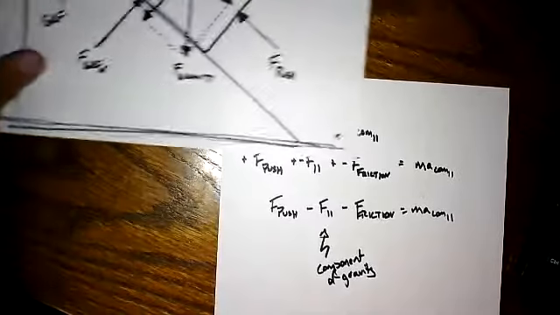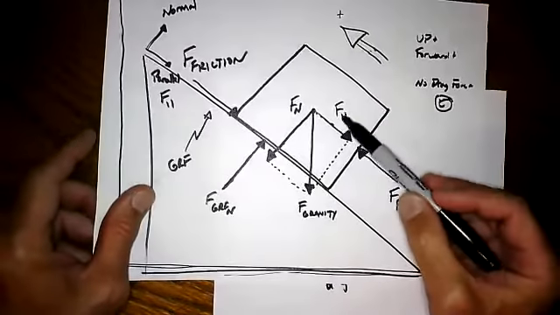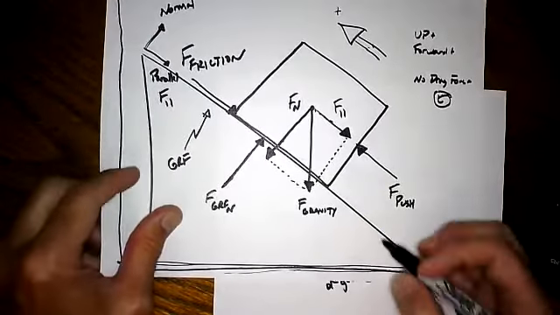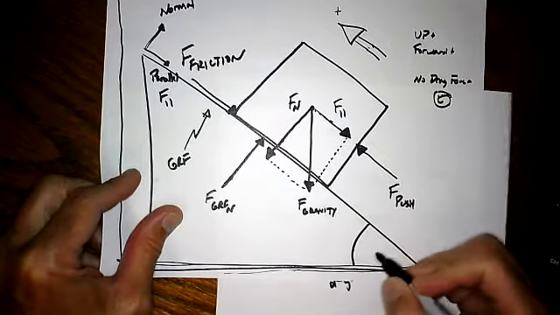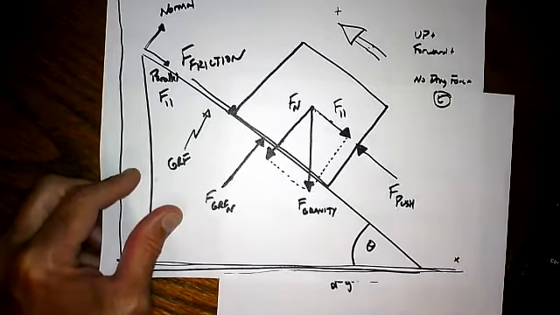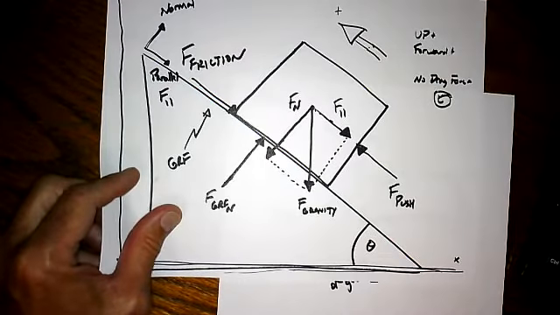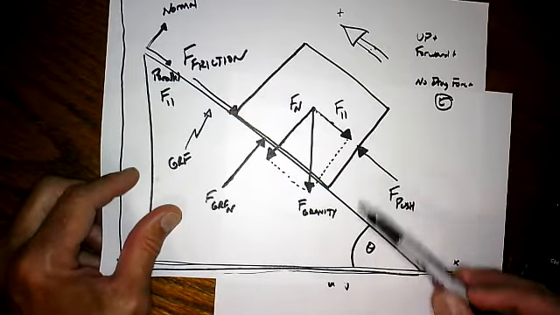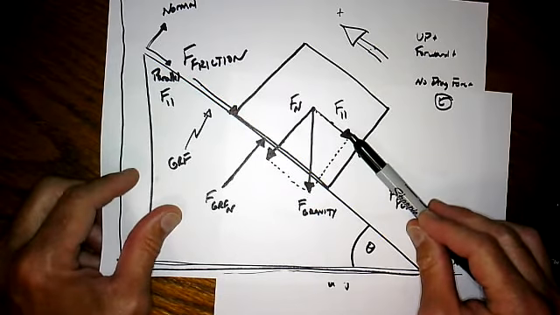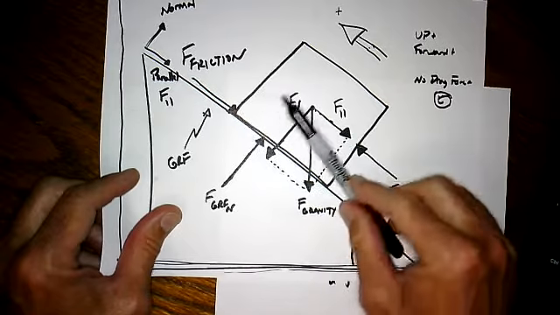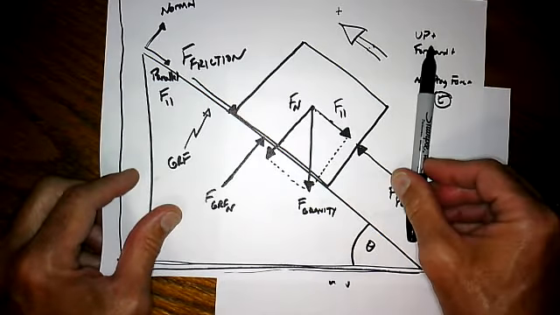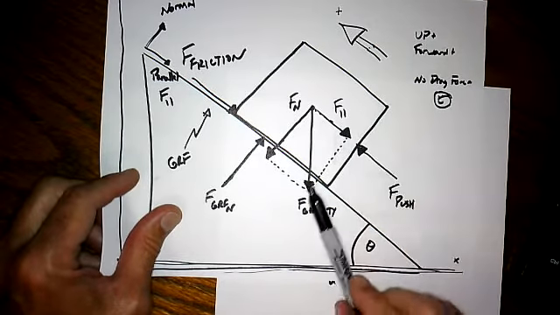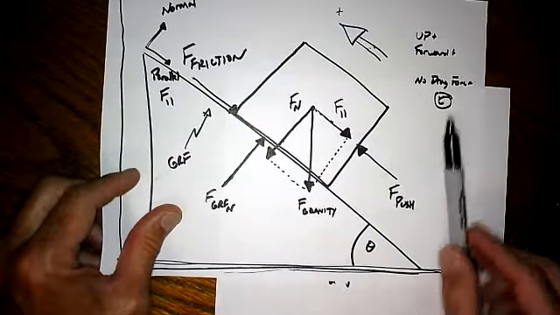This component is a function of, and I saw your answers, how steep that hill is. The steeper the hill, the greater this parallel component. In fact, if I make that hill perfectly perpendicular, then the force of gravity and the parallel component will be the same.